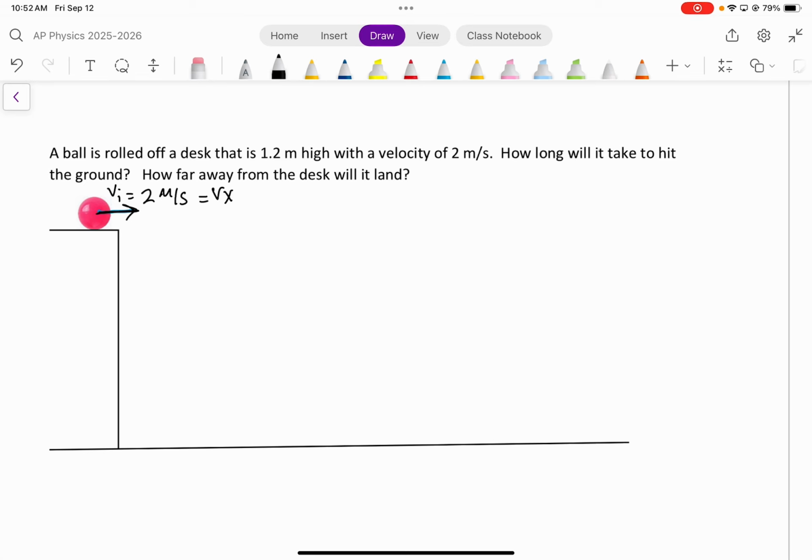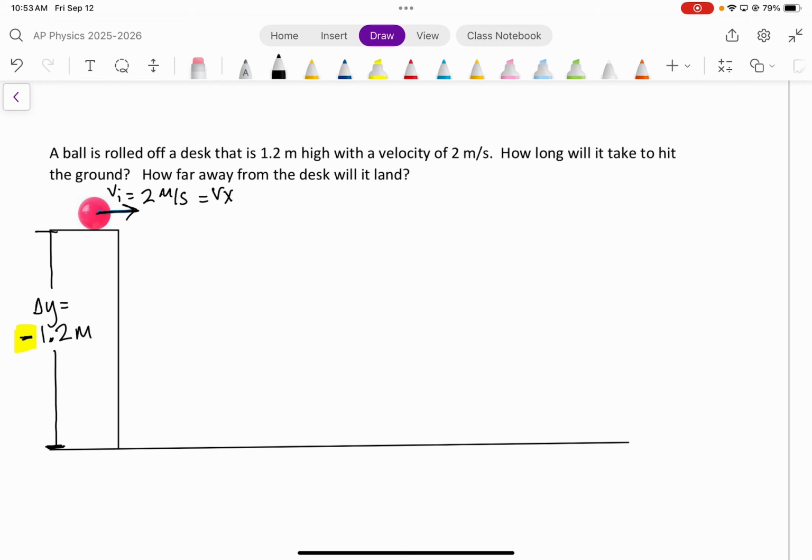It tells me that my desk is 1.2 meters high, and that's going to be my drop height. But remember, this needs to be a negative number. Super important that we remember that the ball is moving downward, so delta y needs to be negative. I'll show you what happens if you forget.